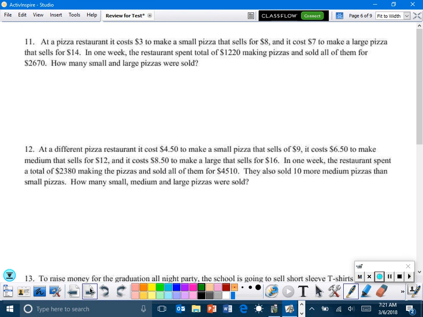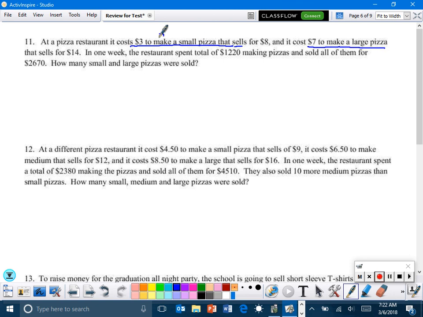Okay, what I'm going to do is I'm going to set up the equations. I'm going to set up the matrix, okay, and then I'm just going to put the answer up. I'm not going to go back to the calculator every single time and type it in. Okay, we did that on the last page. So pause the video and practice it. All right, so here we go. So we've got $3 to make a small, and $7 to make a large.